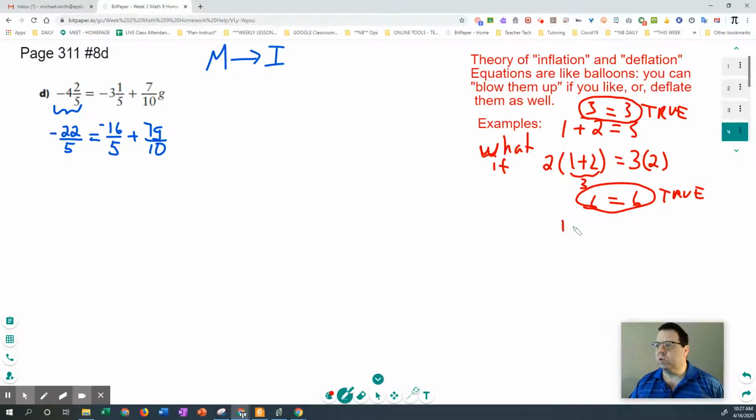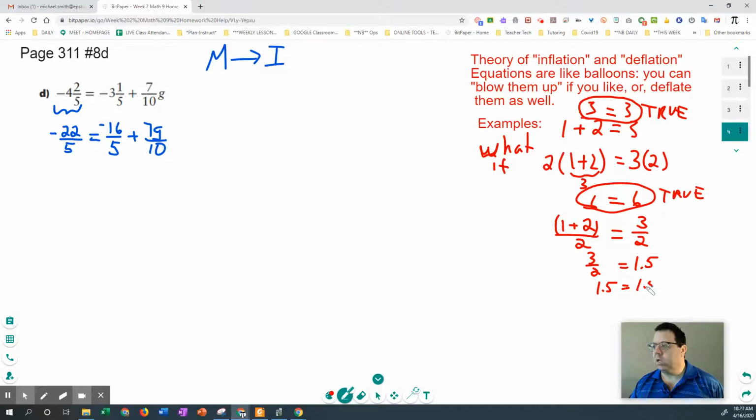Let me do something different. You could also deflate this. What if to the left side, I divided by 2? And to the right side, to make sure I'm following the rules here, whatever I do to one side, I do to the other. Well, what's 3 divided by 2? It's 1.5, right? If you have $3, you split it between 2 people, they each have $1.50. Well, on top here, you should do your adding of the numerators, so you have 3 over 2, and that's equal to 1.5.